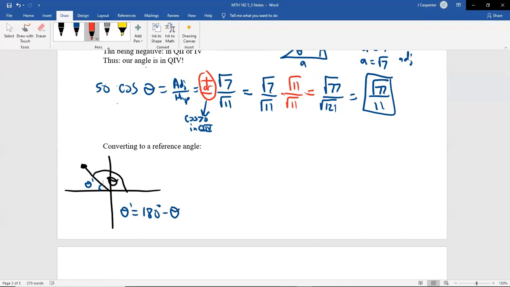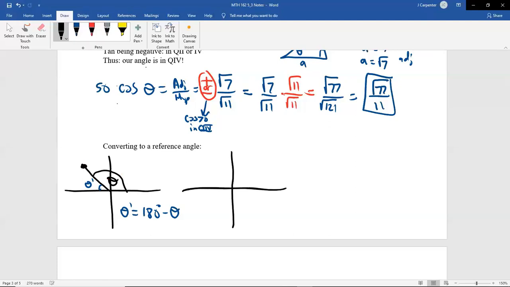Essentially what you're doing is you're taking 180, which is the whole half of a circle, and by subtracting off the angle, you're subtracting off this section, and it just leaves you with this wedge. That's the idea there, geometrically speaking. So when you're in quadrant 2, this is the, quote, formula, if you will, to find a reference angle.